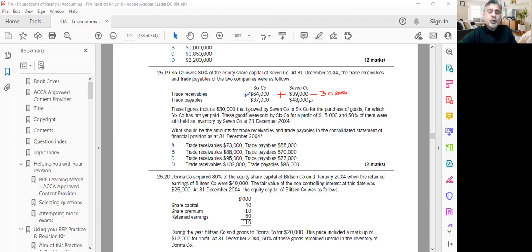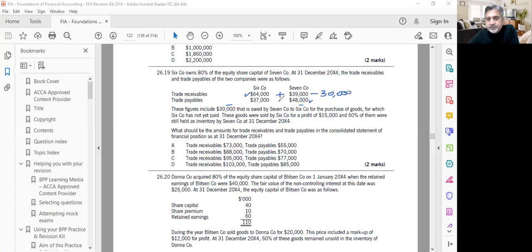So 30,000 is shown by both of them. 6 company is putting it in their receivables, and 7 company is putting it in their payables. So you have to make 64 plus 39 minus 30,000.